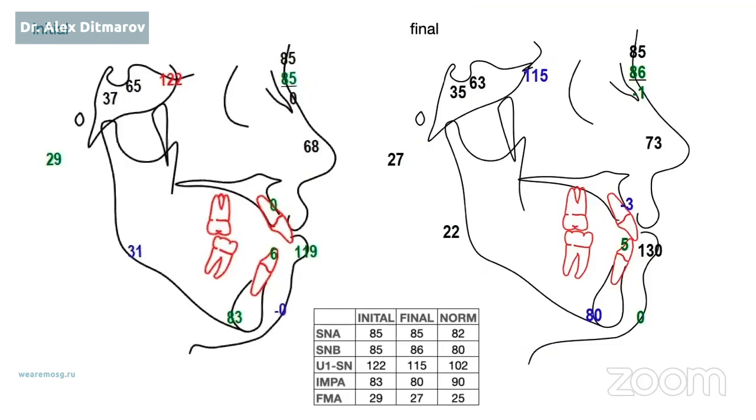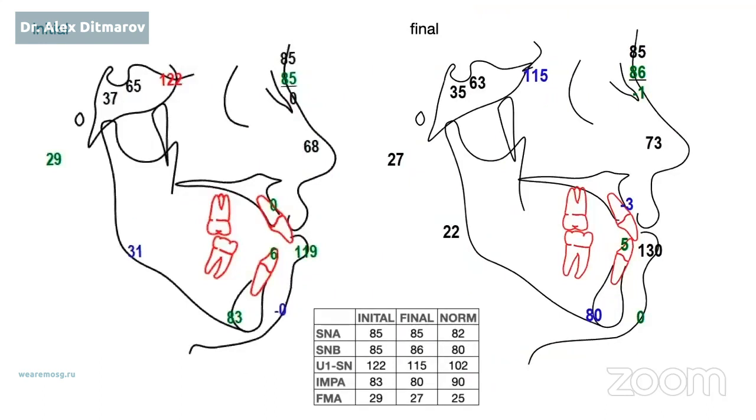There was a very slight counterclockwise rotation of her mandible due to extractions and due to the movement of molars, her molars mesially, right? You can see that her FMA angle was 29 degrees, and now it is about 2 degrees less.